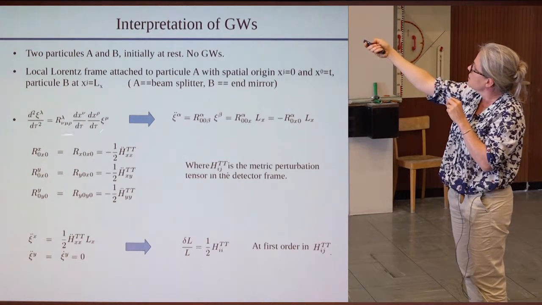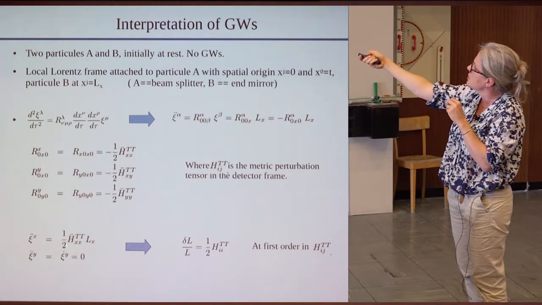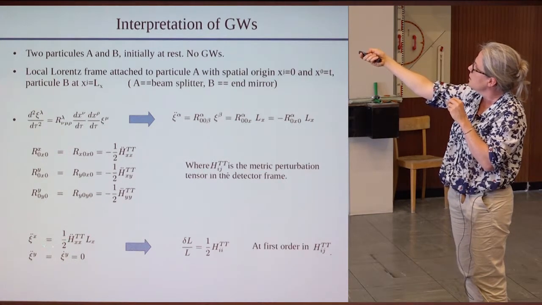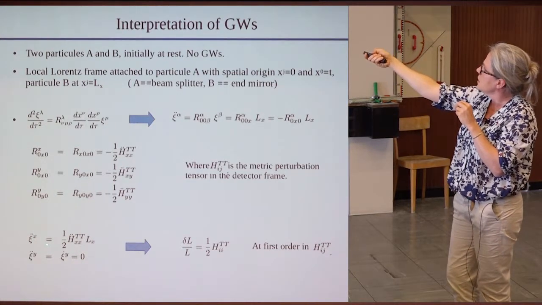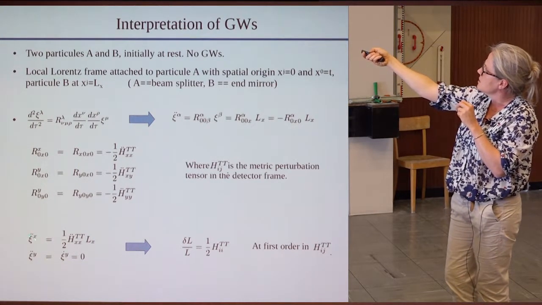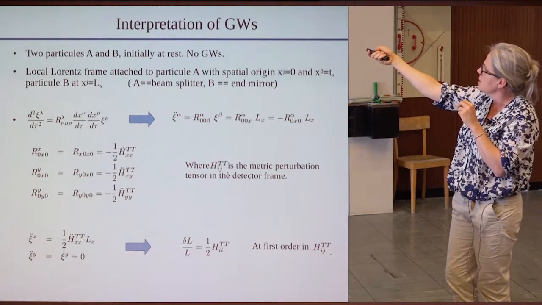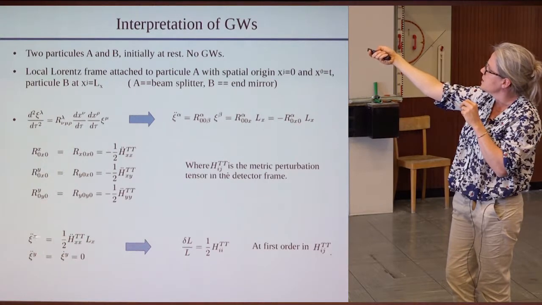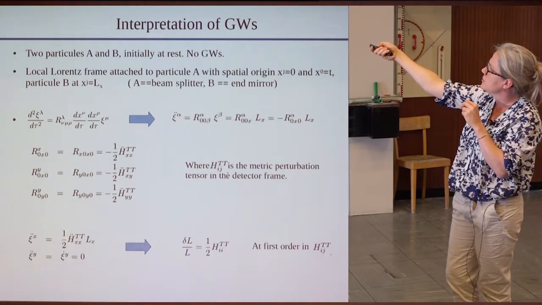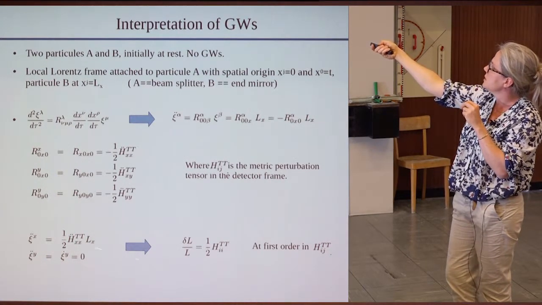And so the equation becomes simply: the second time derivative of xi is proportional to the distance between the two particles and the second derivative of the metric perturbation.